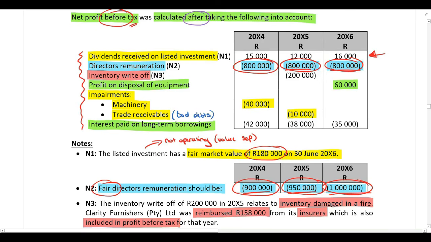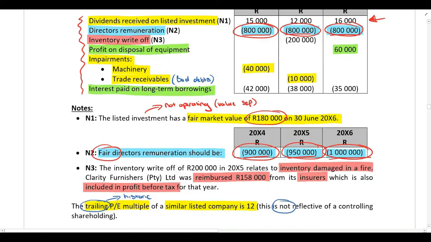Then for the inventory write-off, remember in note 3, this was because we had inventory that was damaged by a fire. So this is obviously an exceptional item. We don't expect this to happen again in the future. So we need to eliminate this inventory write-off, and we eliminate it by adding it back to profit before tax.